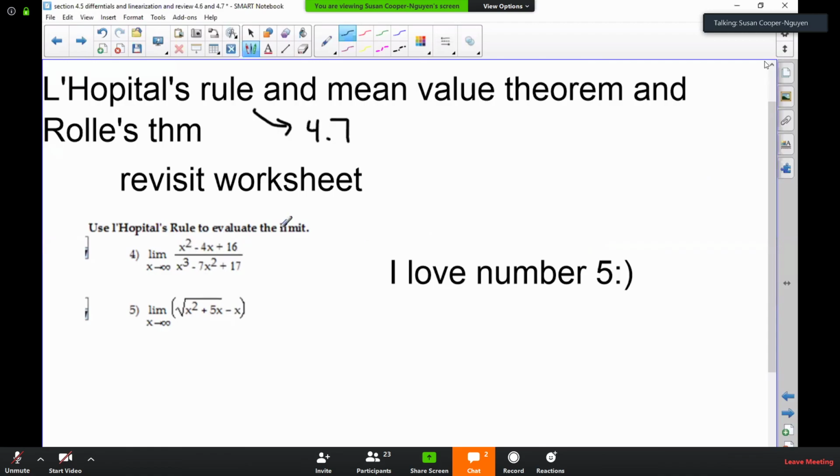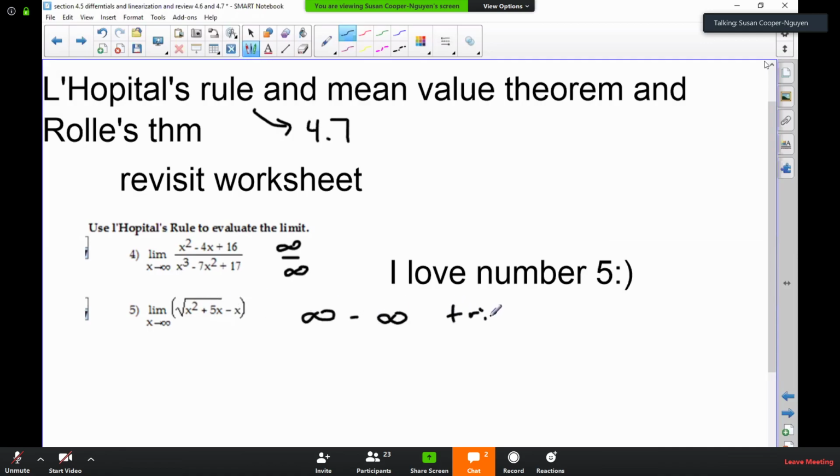One thing you know now with L'Hopital's rule is if you're attempting to find a limit and it's an indeterminate form, like this one would be infinity over infinity, it's a classic candidate for L'Hopital's rule. This one, y'all wrote on your paper that you knew it was infinity minus infinity. That's an indeterminate form.